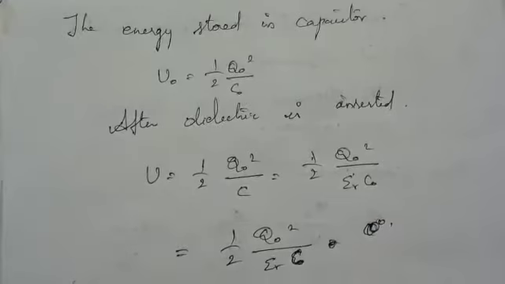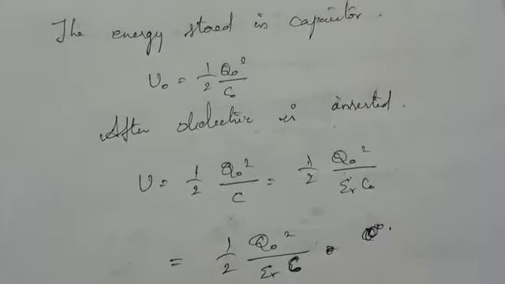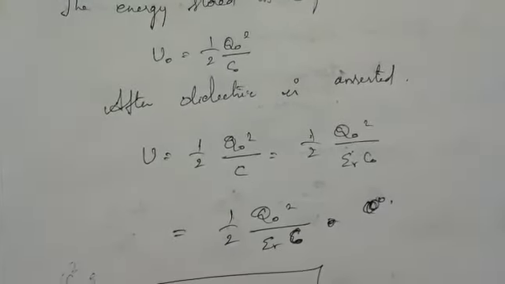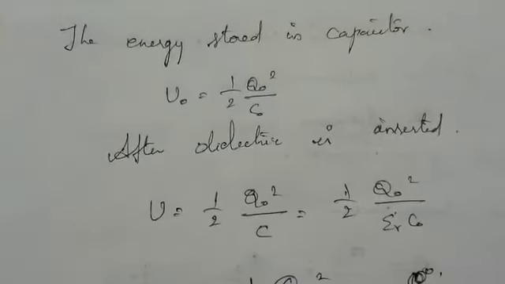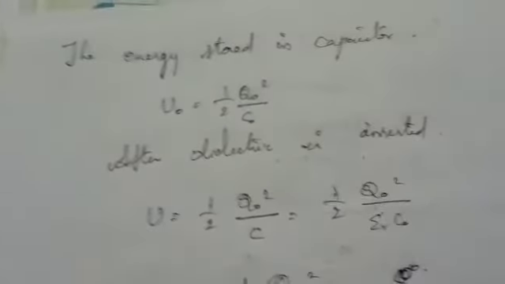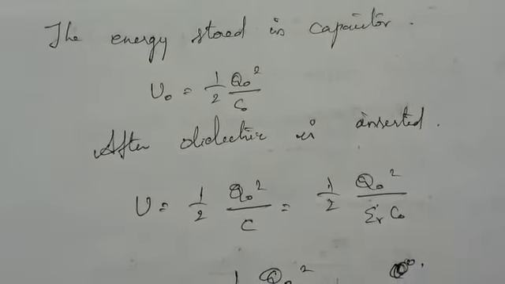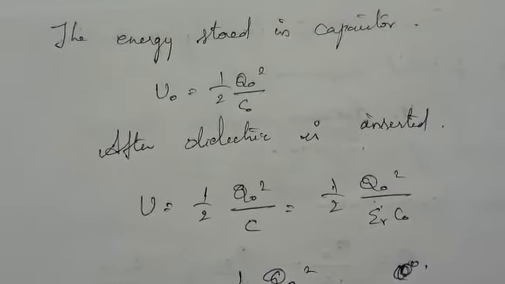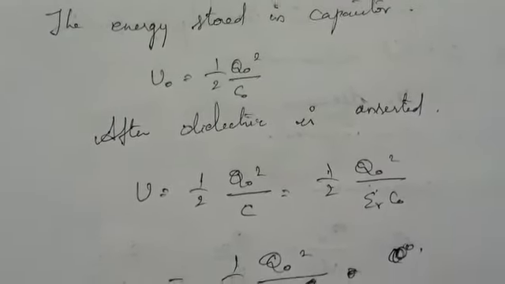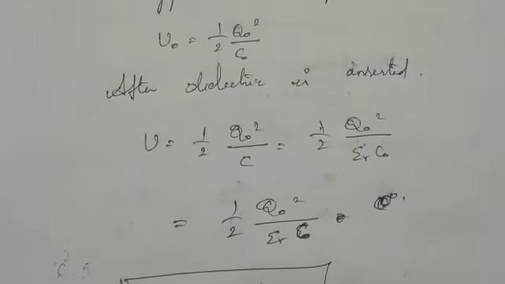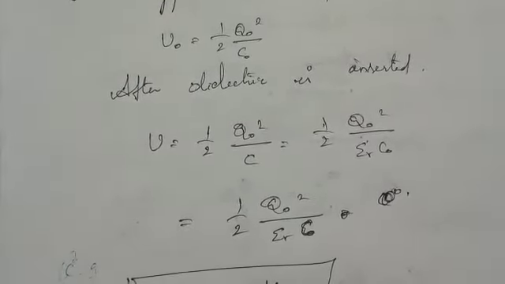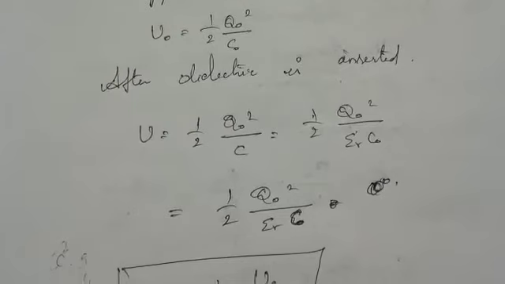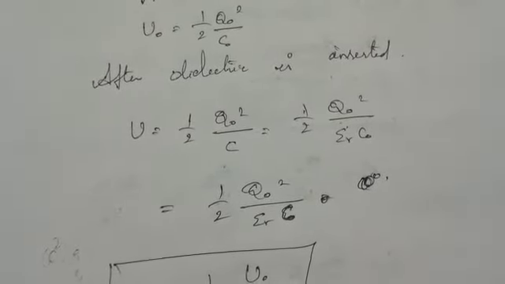Also find the energy stored in the capacitor. The general equation for energy stored in a capacitor is U naught equals half Q naught squared divided by C naught. This general formula denotes the energy before inserting the dielectric, when the capacitor is connected to the battery. After inserting the dielectric, U equals half Q naught squared divided by C, because Q naught, the charge, is constant.